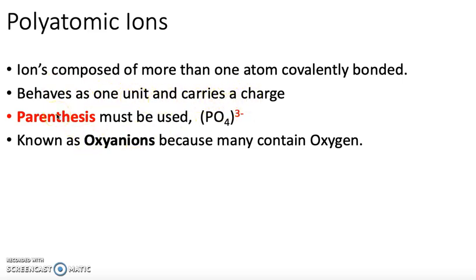So in these polyatomic ions, you're going to see parentheses, and they must be used to block in what makes the ion the ion. Outside the parentheses, you'll see a charge. This is known as phosphate. They're also known as oxyanions because many contain oxygen. Oxyanions are very important in chemistry.